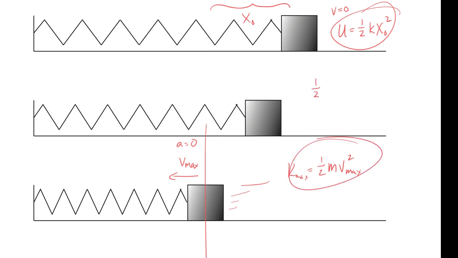If I set those equal to each other, get rid of the 1/2 and solve for v max, we get what the motion equations predicted, right? It's the exact same thing. It has to work out this way because the motion equations have to demonstrate conservation of energy.